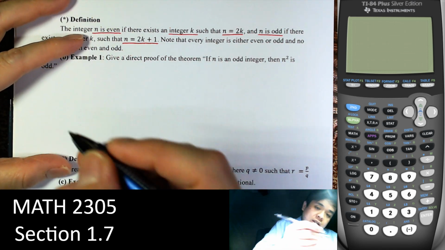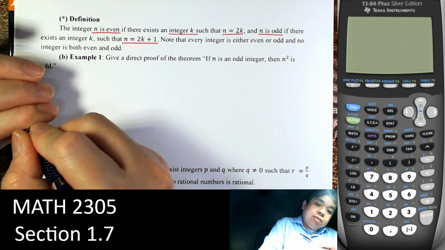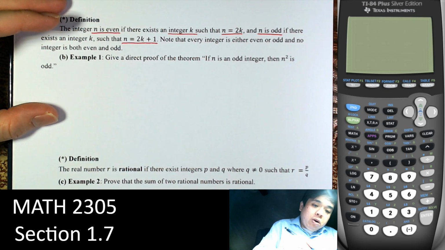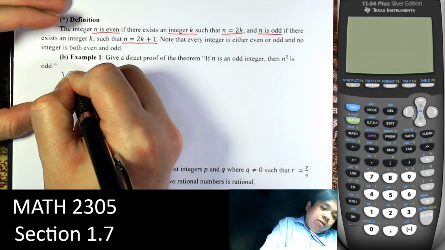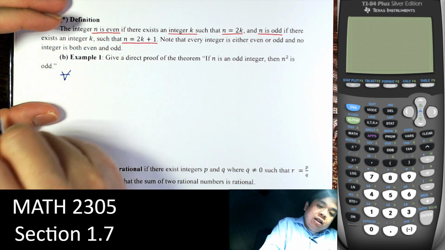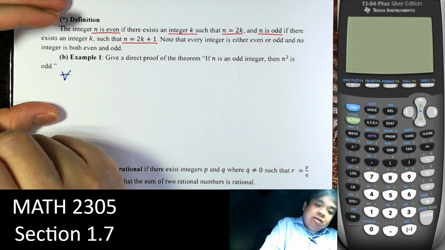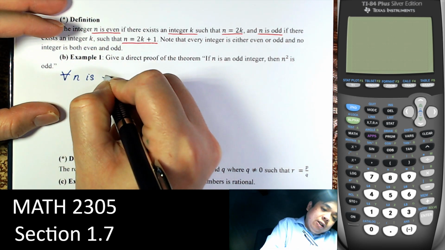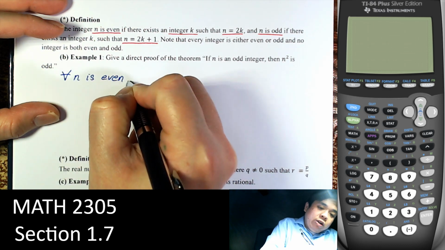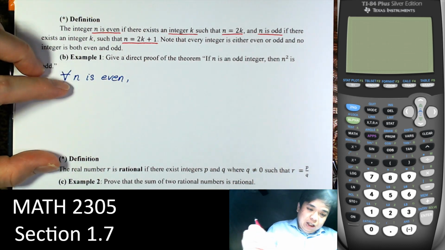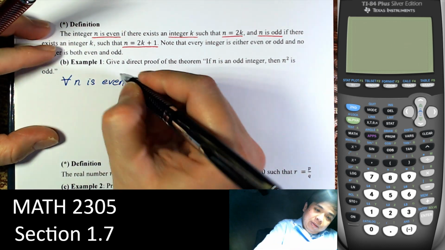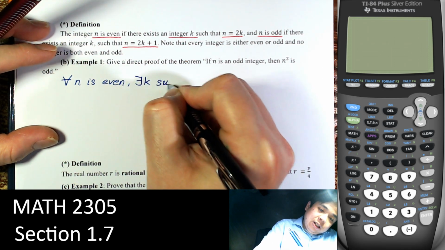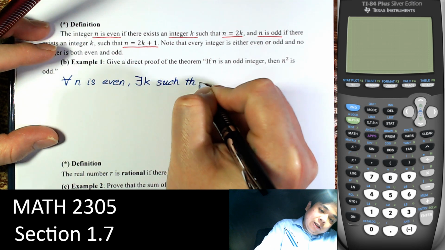So we start with this. Of course, if we want to write properly, we say for every n that is even, there's this k such that... Of course, you don't have to write all of this. Just write the important part.